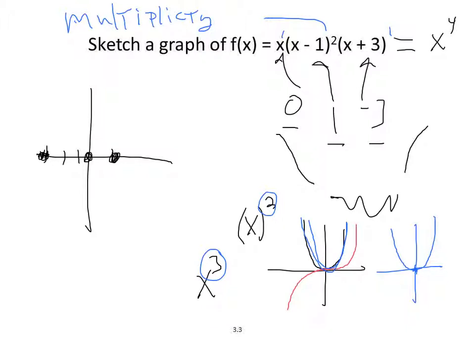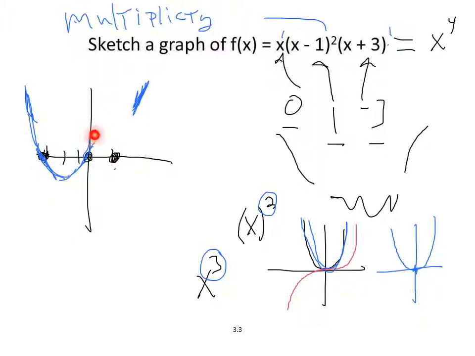I know the ending behavior of this function ends up like this. We just have to figure out what happens. I know it goes through negative 3 once, because that multiplicity is 1. Then it goes through x equals 0 once. But somehow it's got to end up there and go through this point right here.